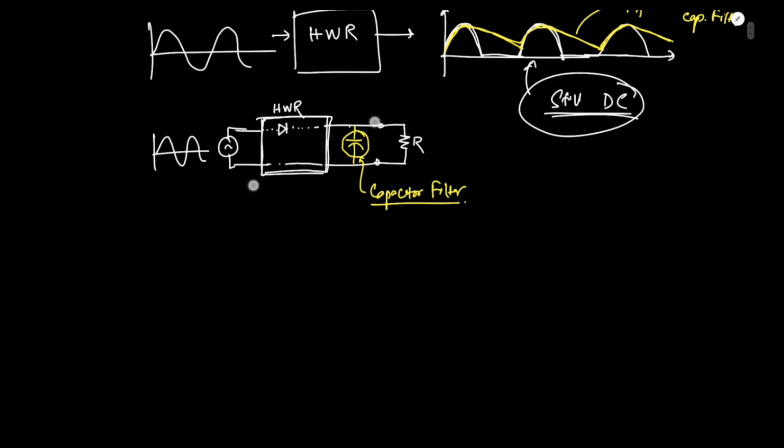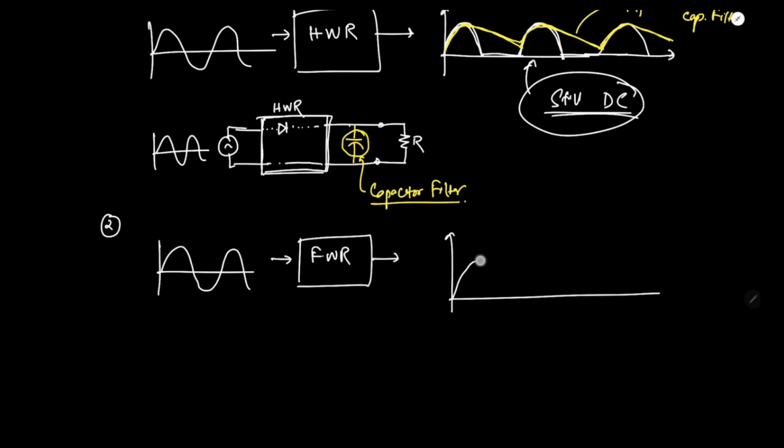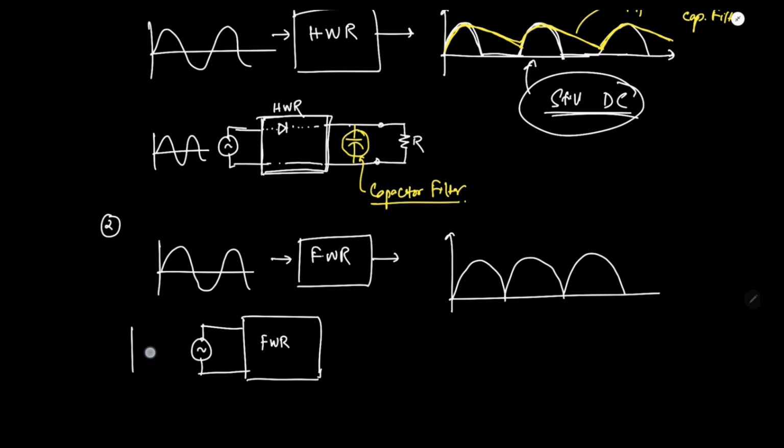Similarly, if you consider a full wave rectifier, you can connect this kind of capacitor. Suppose a full wave rectifier. What does the output of the full wave rectifier look like? It looks like this. Now suppose inside this box the full wave rectifier circuit is there. This is the input side.